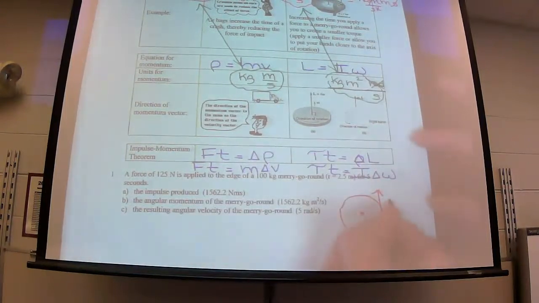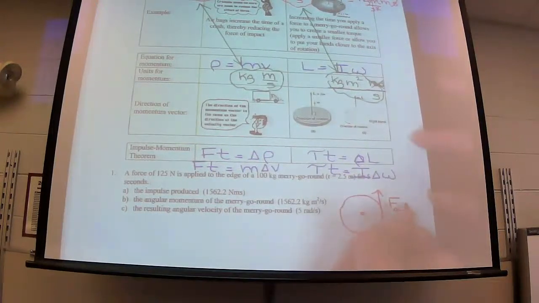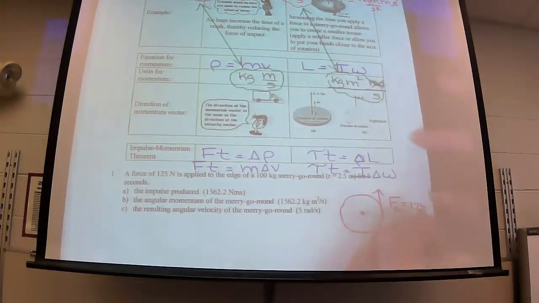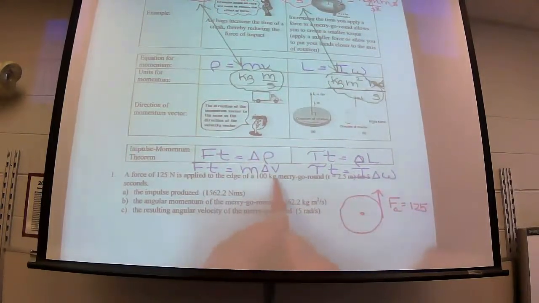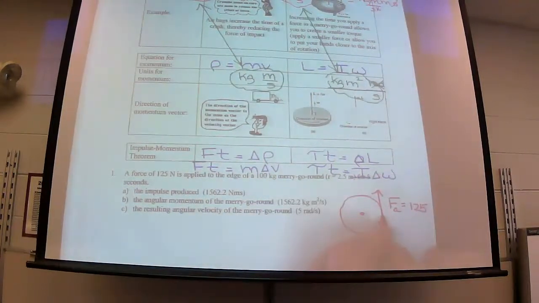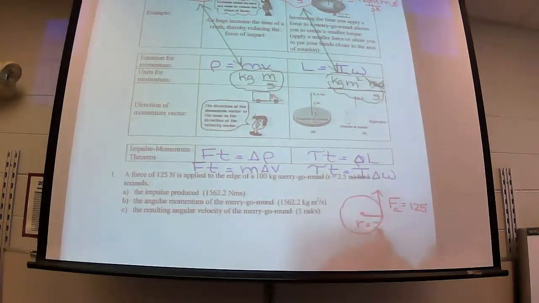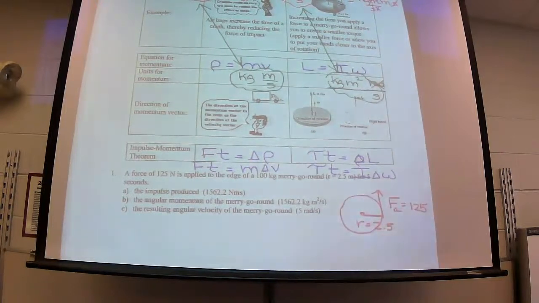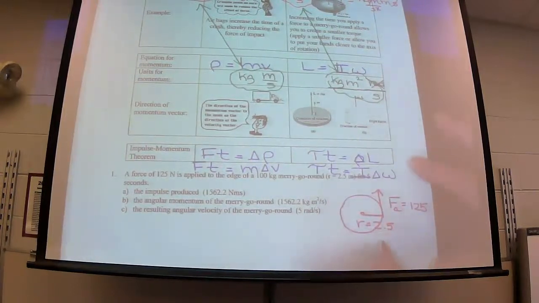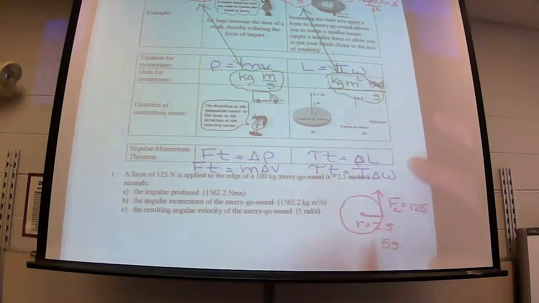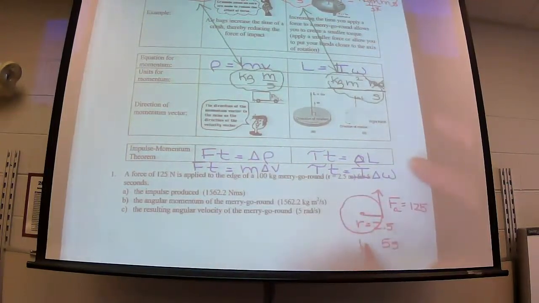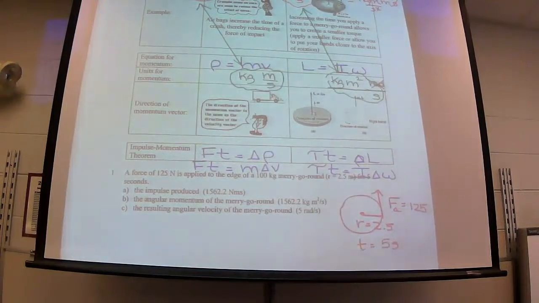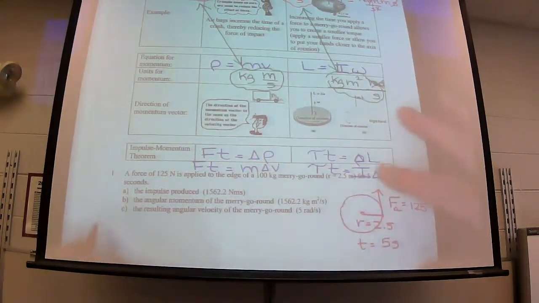A force of 125 newtons is applied to the edge of a 100 kilogram merry-go-round that has a radius r of 2.5 meters for a time of 5 seconds. So again, they're kind of running around for 5 seconds. All right, find the impulse produced.